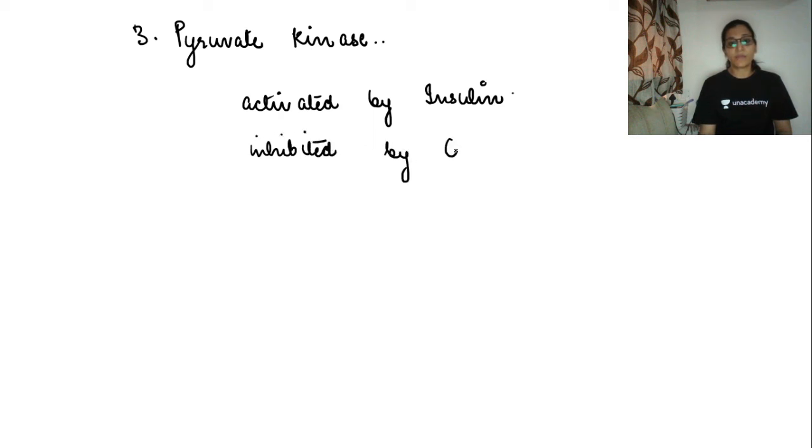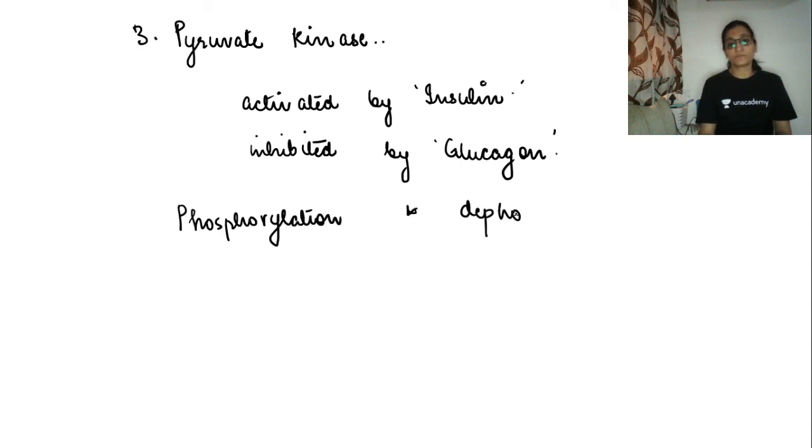If it is activated by insulin and inhibited by glucagon, these are hormones. How are these hormones going to influence the activity of pyruvate kinase? They influence its activity through phosphorylation and dephosphorylation. This is the strategy by which they influence the activity of pyruvate kinase.